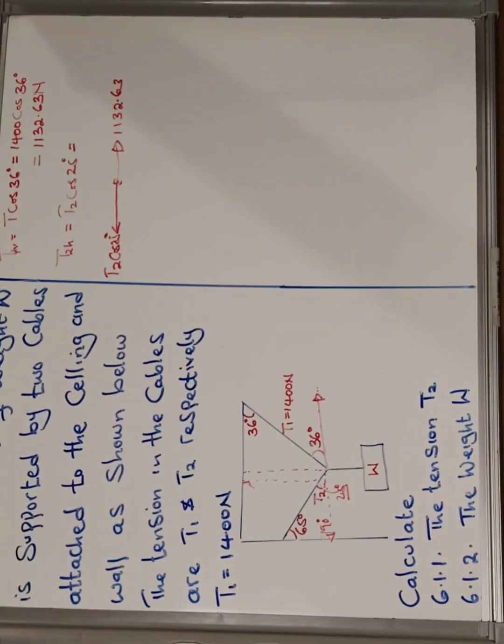But I want also to remind you that this point is static. It's not moving. It is static. And what do we call that situation when this point is static? We call it static equilibrium. Like for any equilibrium, what do we say? The sum of forces acting in one direction are equal to the sum of forces acting in the opposite direction.